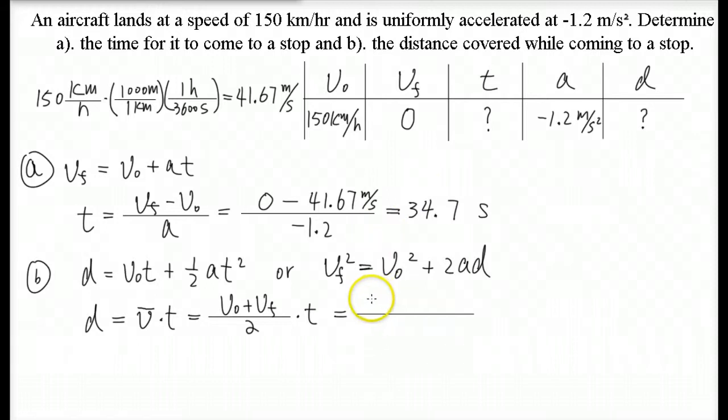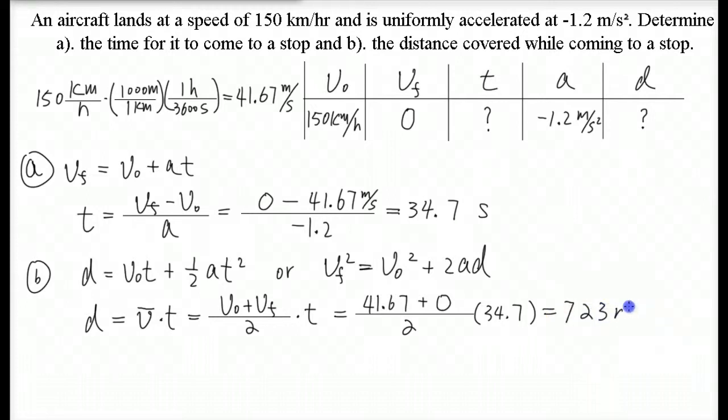Initial velocity is 41.67 plus final equals 0, divided by 2, multiplied by the time we got from here, 34.7, and that gives you the displacement. It should be 723 meters.